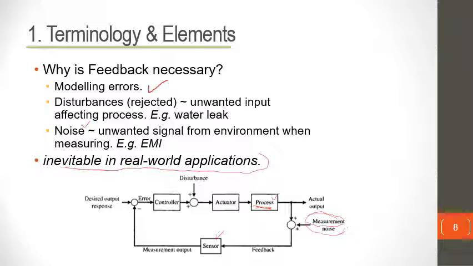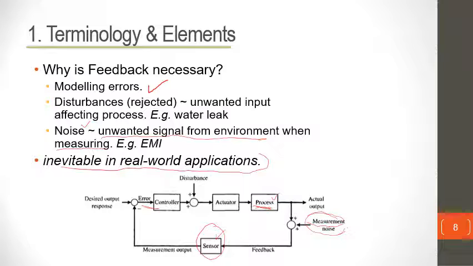Sometimes that noise would mix into the desired sound that we want to hear, and it will impede us from making a good judgment as to whether we have reached the station or not, because it's noisy. By definition, noise is any unwanted signal from the environment which mixes with the actual signal that we want when measuring. So the noise is always associated in control systems with the measurement.